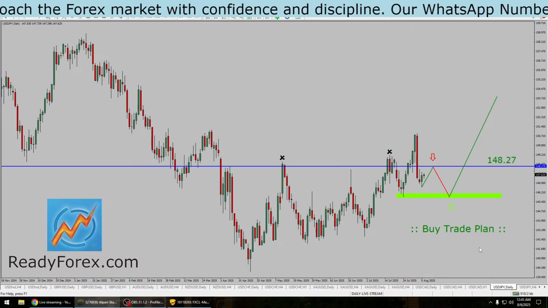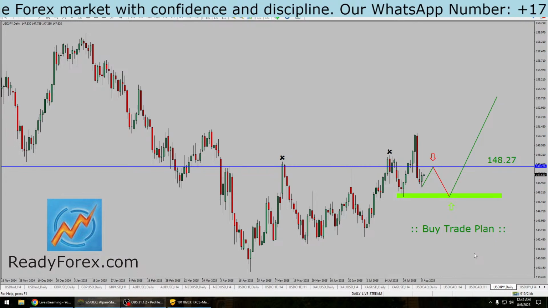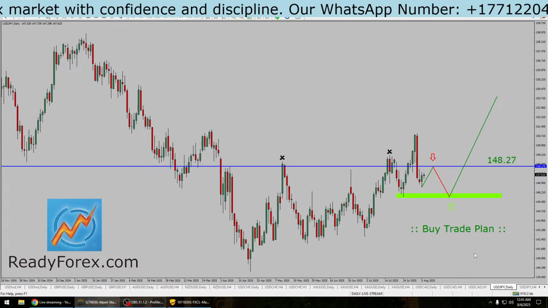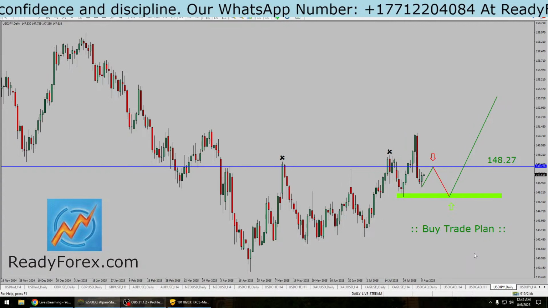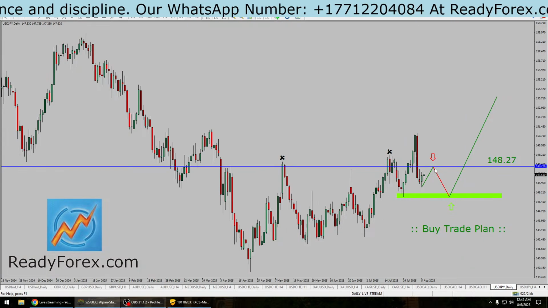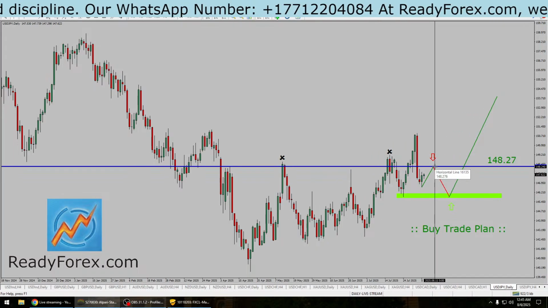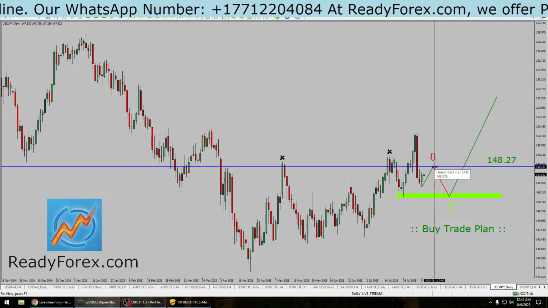Next one is the US dollar versus Japanese yen currency pair, USDJPY daily time frame. And the way I see, market is probably going to rise up, and it's going to retest the 148.27 area.